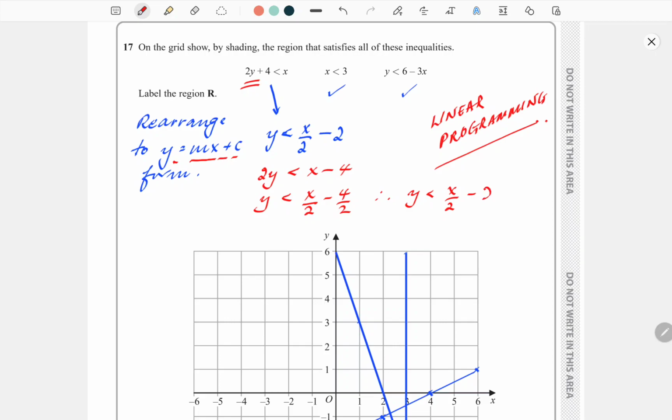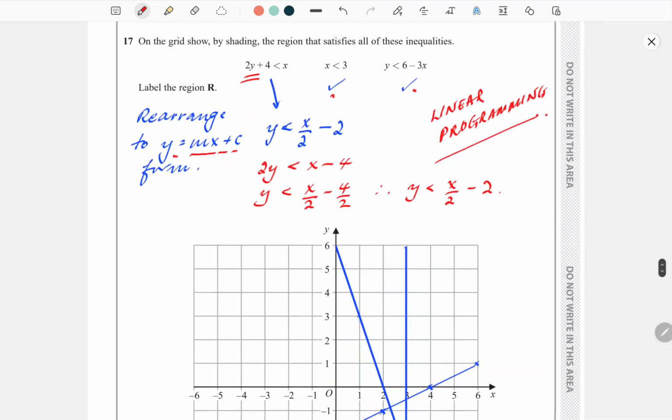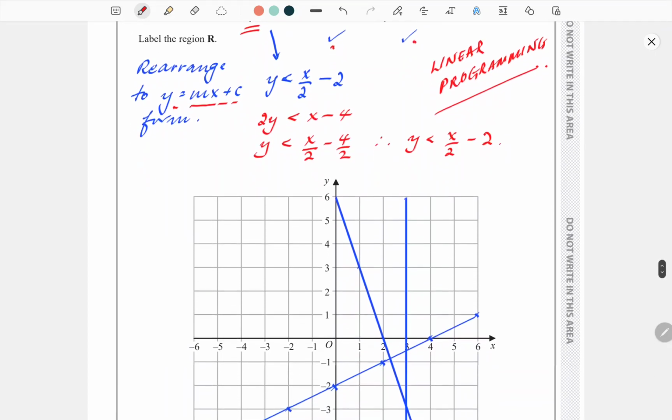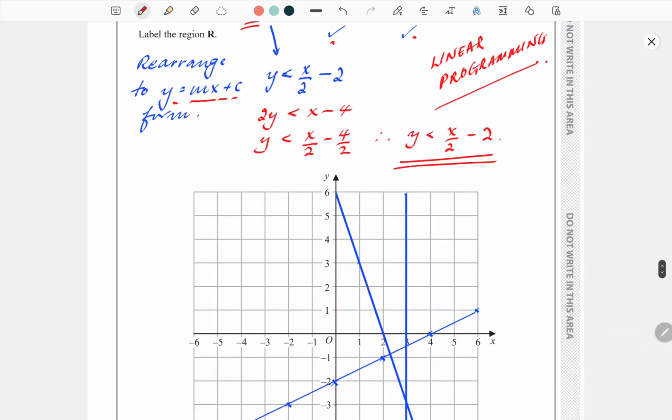All right, there we go. That's where we got that from. The next step is look at the other two. Neither of those need any rearranging. Okay, they're exactly as they should be. Nice and simple.